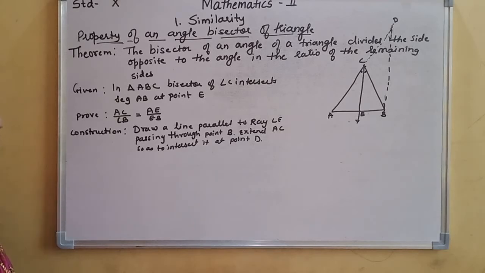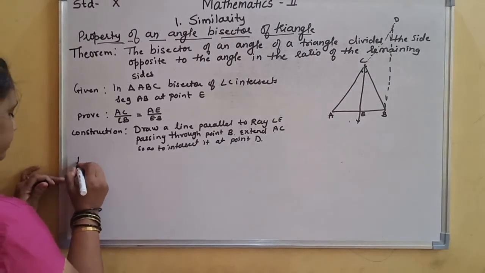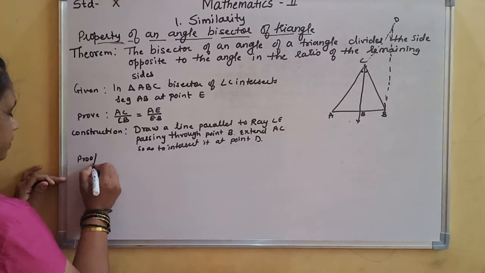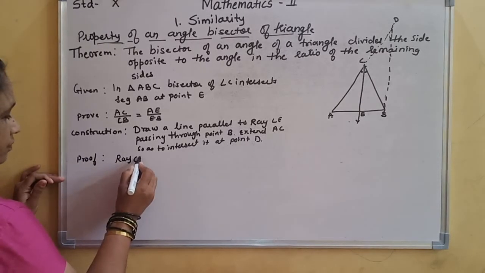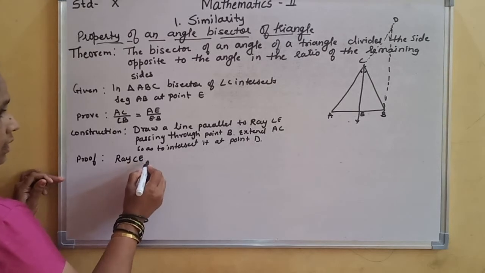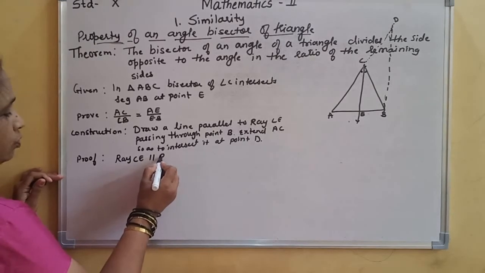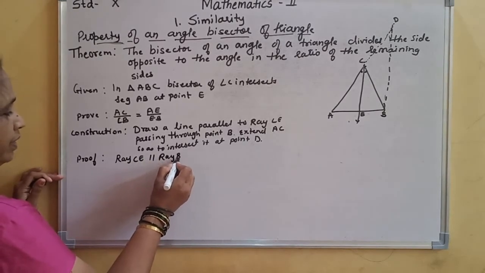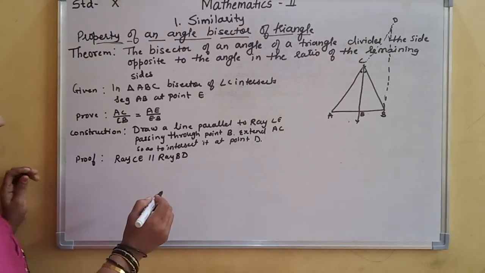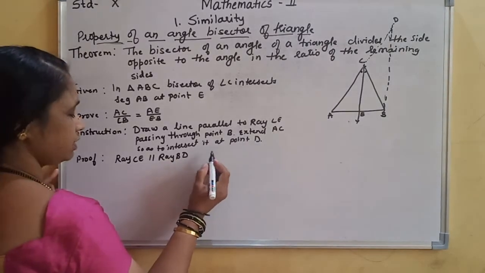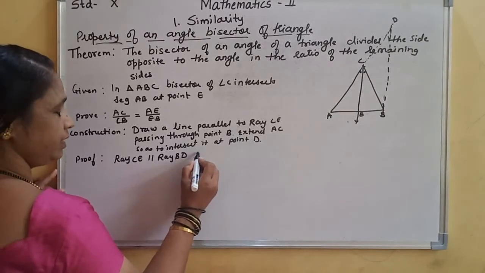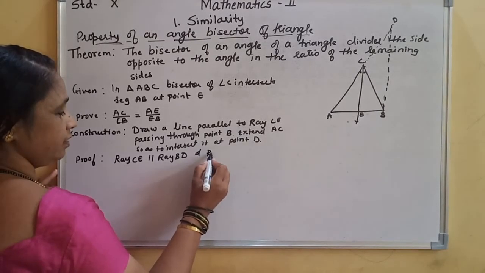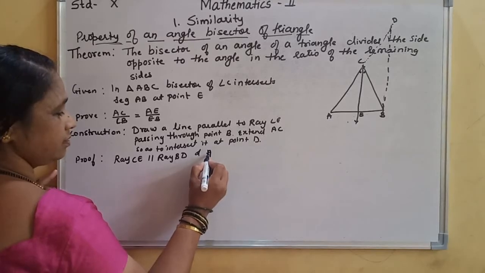Now the proof. Ray CE is parallel to ray BD, and we consider AD as the transversal.